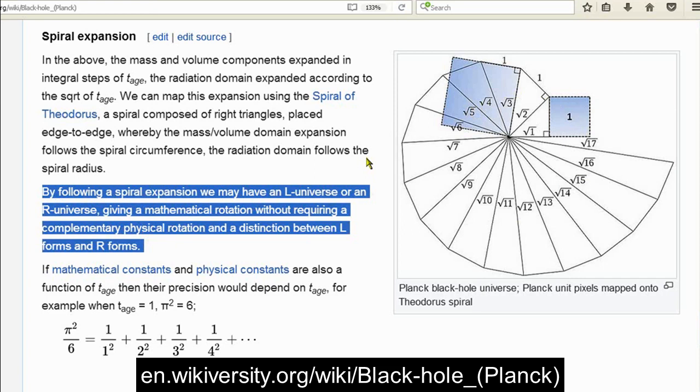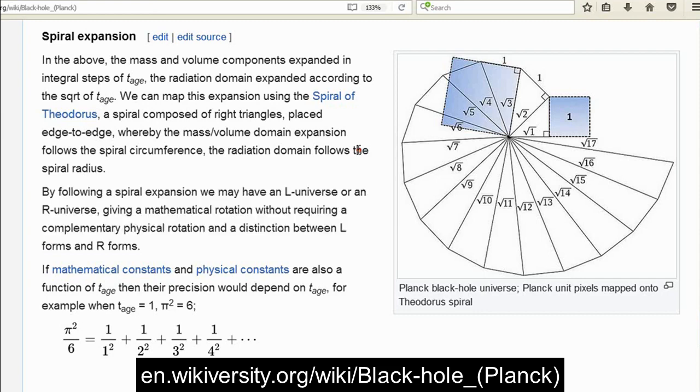And so we could find through this method that left particles, left states, would be slightly different to right states. And this could reflect on the matter-antimatter paradox, there's the chirality, and so on and so forth.